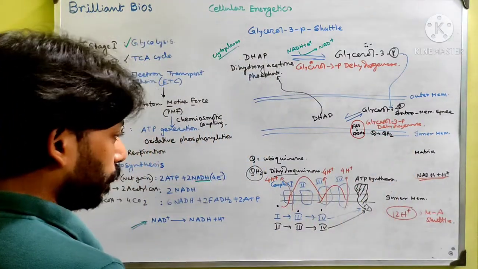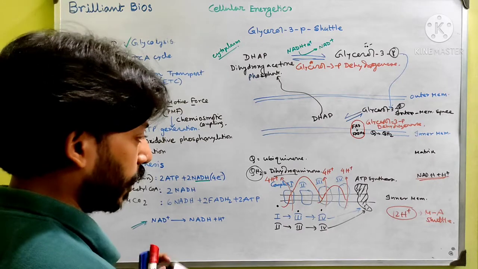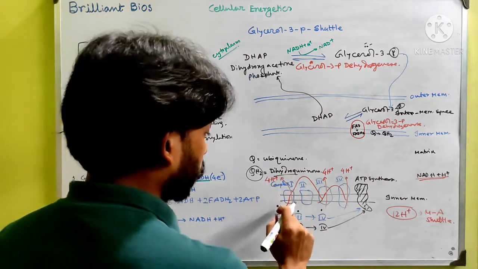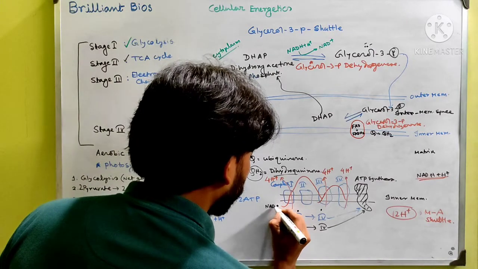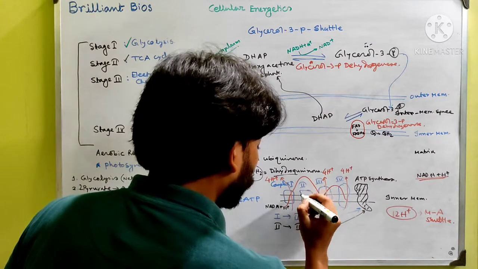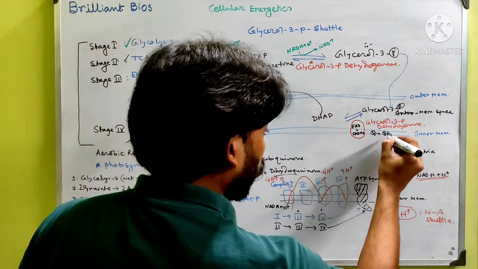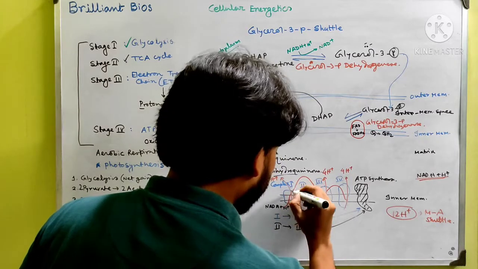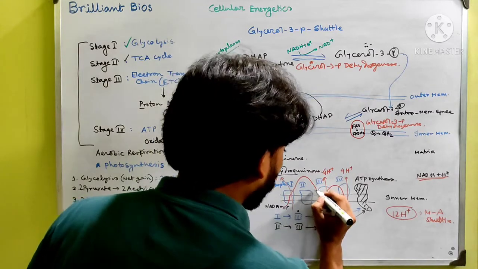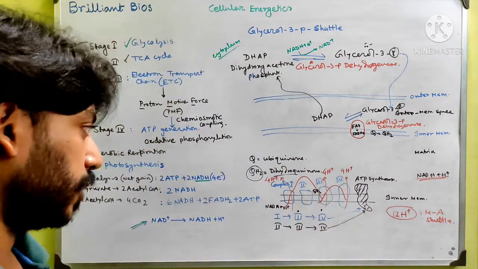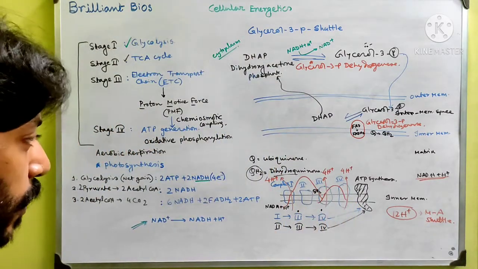Now I have to give you one piece of information: when electrons are transported from NADH plus H plus from complex 1, a quinone, ubiquinone, ultimately carries the high energy electron to complex 3. This is the process that happens here.